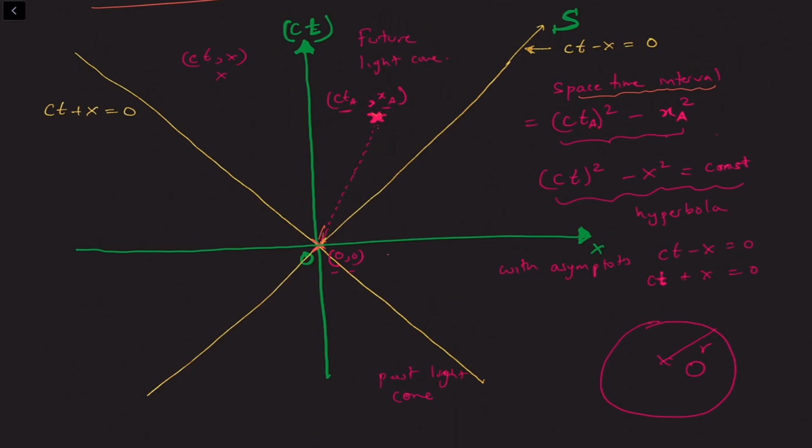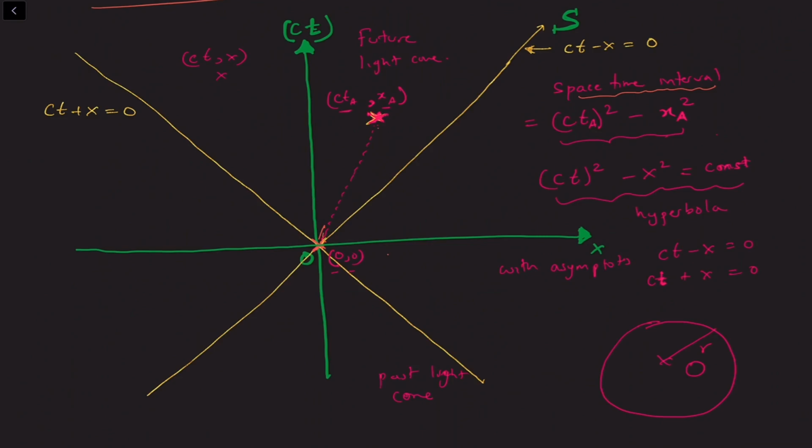So the set of all points that have the same space-time interval from O as the point CTA comma XA is a hyperbola that passes through CTA comma XA, and it has asymptotes which are on this light cone.